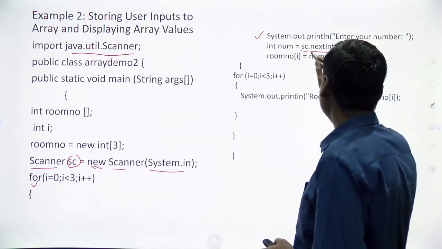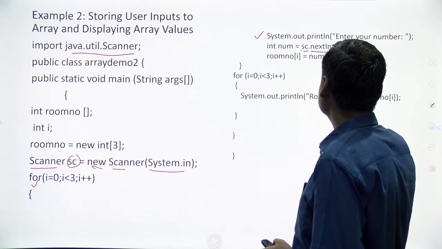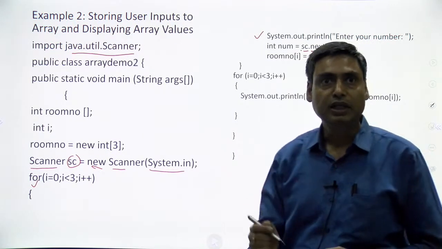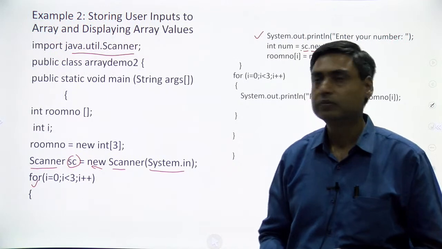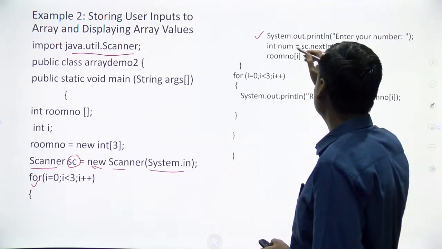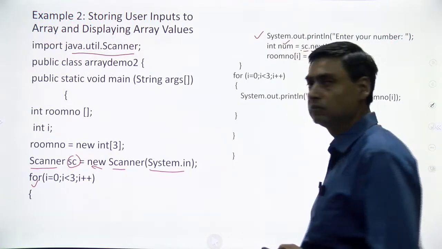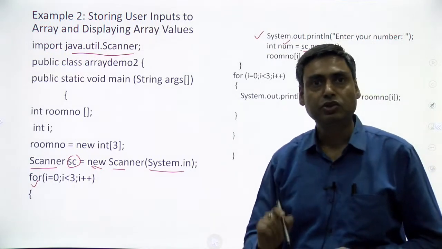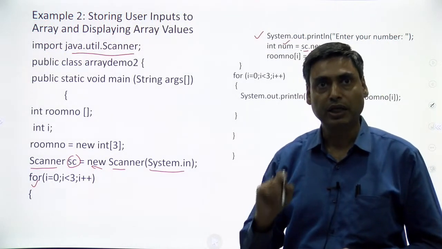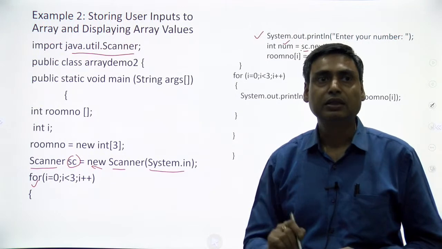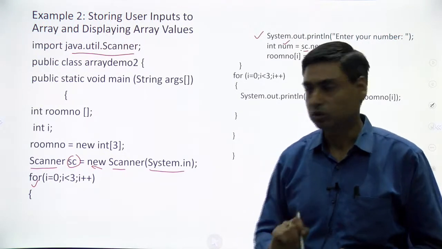When we use this object and the method nextInt, it will take the value from the user and store this value in a variable num. Next part is to store this value into the array location. I discussed that array locations start from 0.